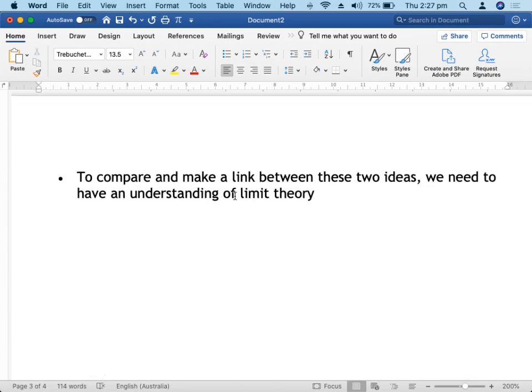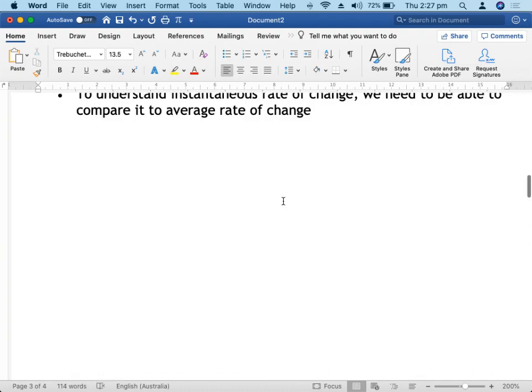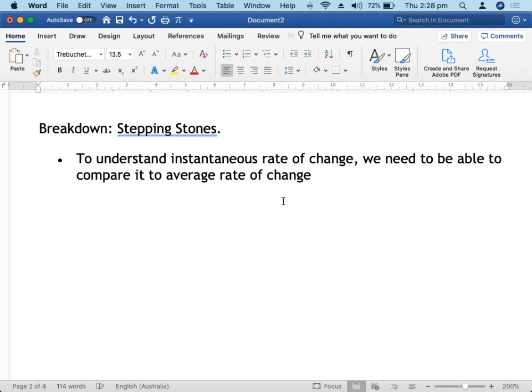To understand the instantaneous rate of change, we need to be able to compare it to average rate of change. Does that make sense now where we're headed? Yeah, okay, so that's success. If you can see there's a link between average and instantaneous, and you understand what rate of change is, that is success for you.